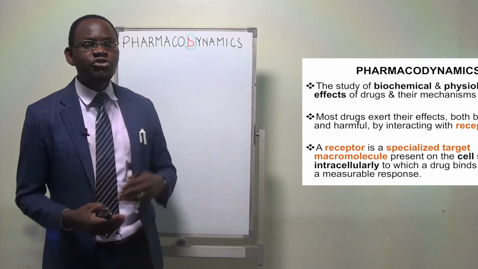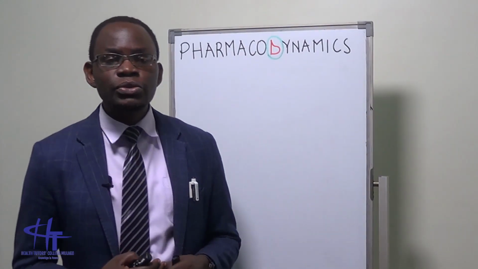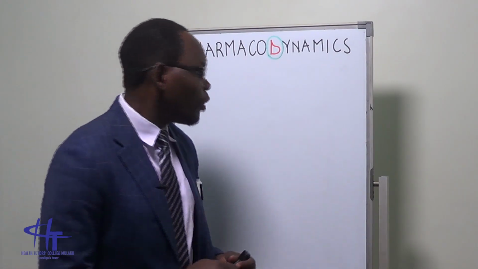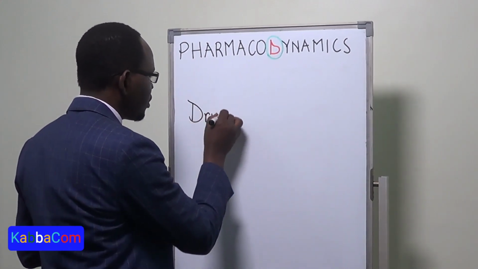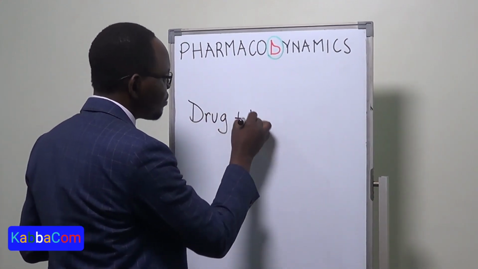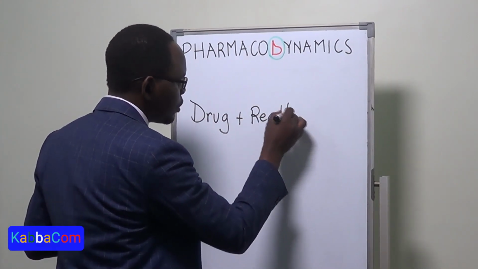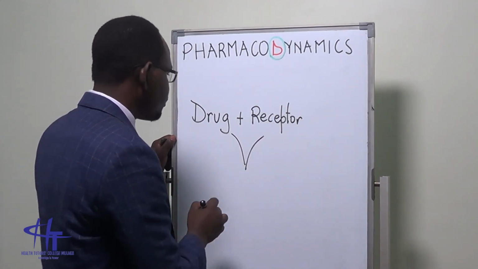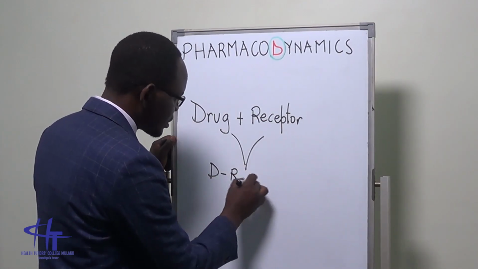When the drug binds to the ligand site, in other words when the drug binds to the receptor, we form what we call a drug receptor complex.